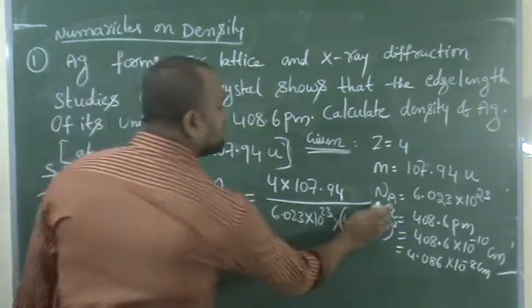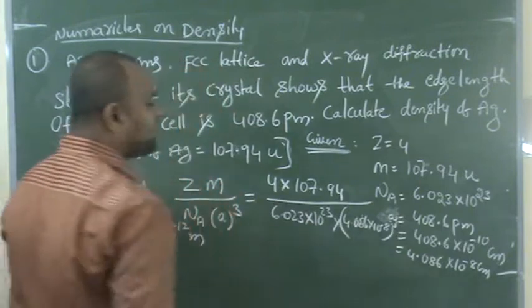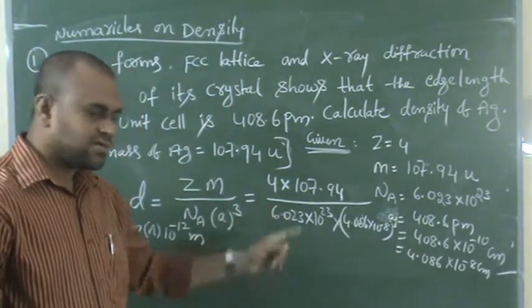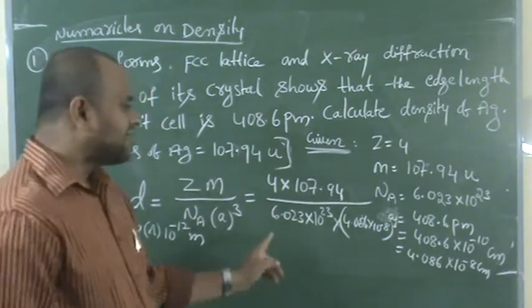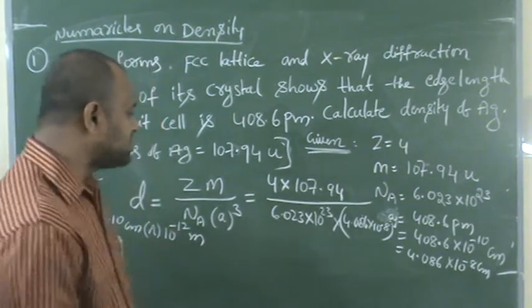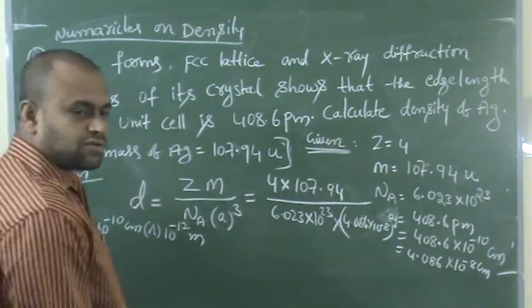Using a calculator, find out. I don't have any calculator, but I think you have calculators. Now take the calculator and find out the value of this. How much do you get?